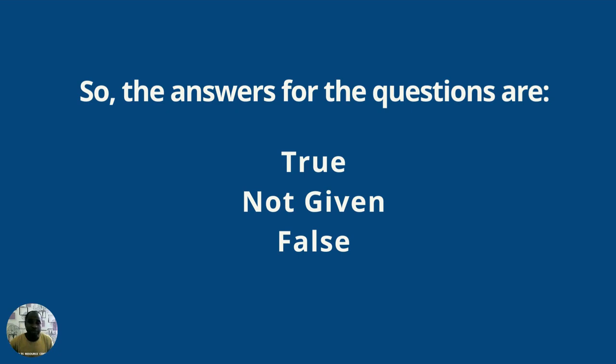So if the statement made is not in agreement with the passage, the answer is false. If the statement made is in agreement with what is written in the passage, the answer is true. But if the statement made is not related to what is written in the passage, then the answer is not given.